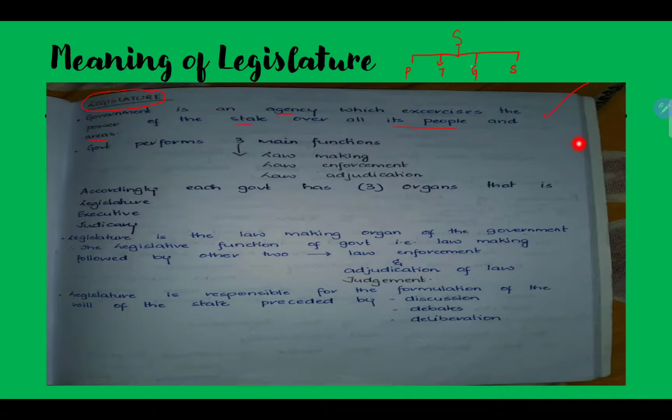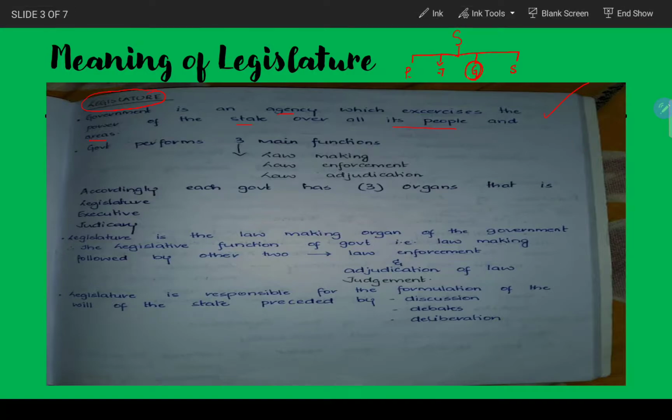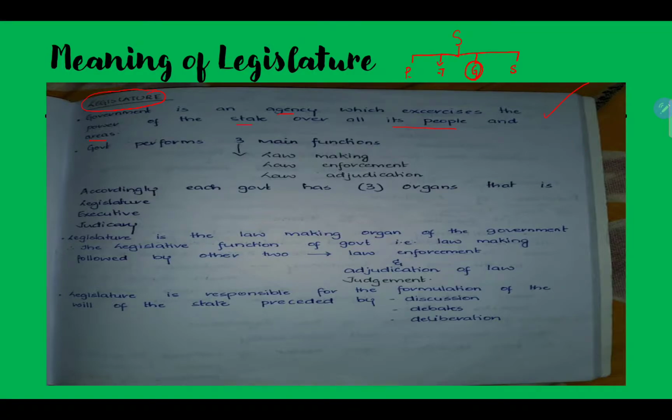Sovereignty. So we are talking about this element, state. The government is an agency of state which exercises power over its population as well as its territory.